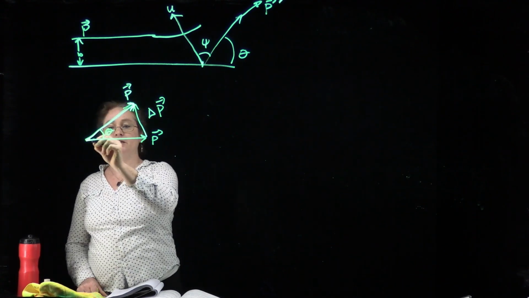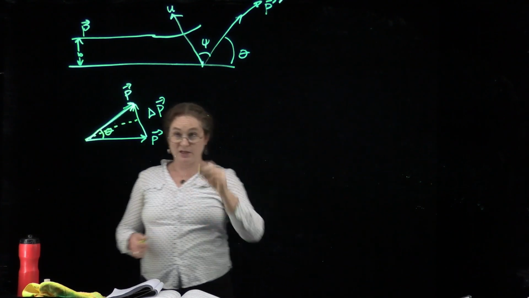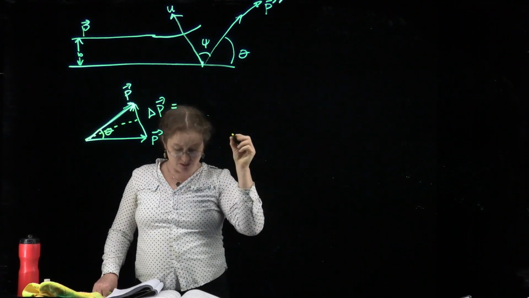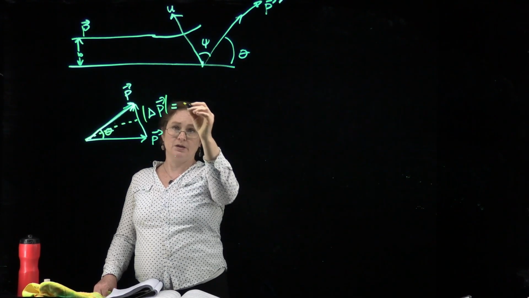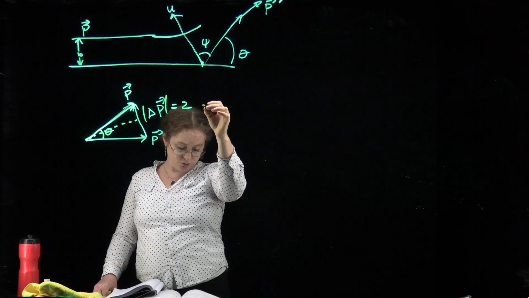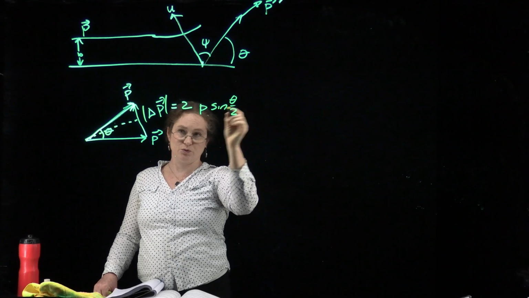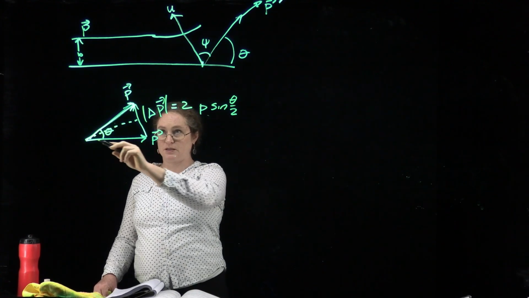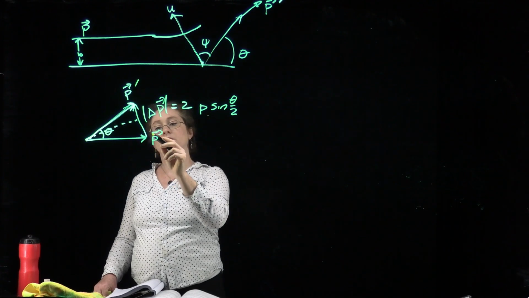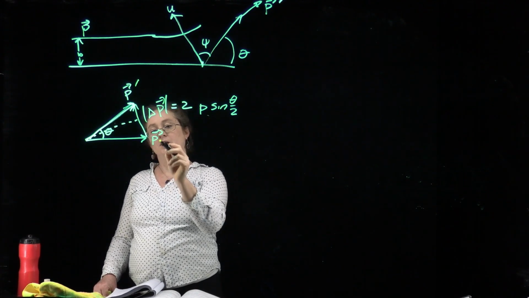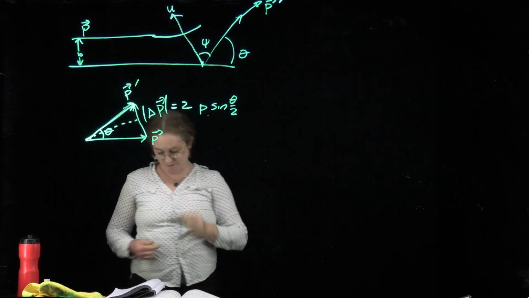And because we can bisect this angle and create two right triangles, then you can see that the magnitude of delta p is 2p sine theta over 2. And this should be p prime, so here, this is our vector p, and then we want half of that.